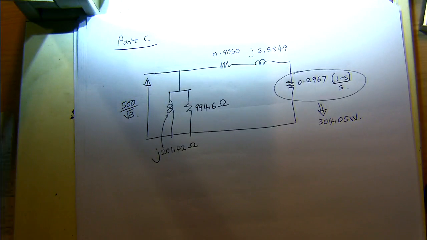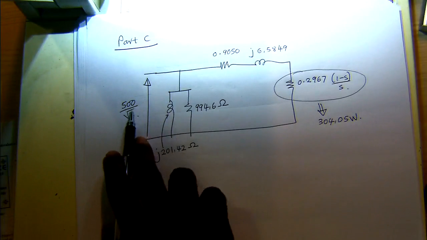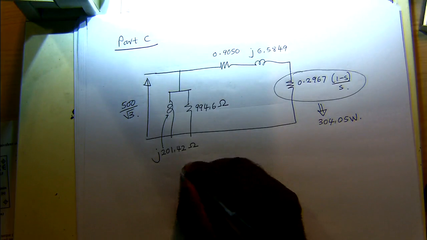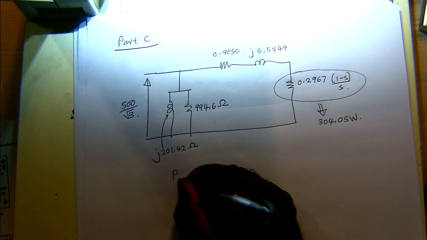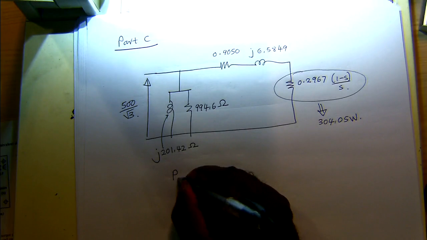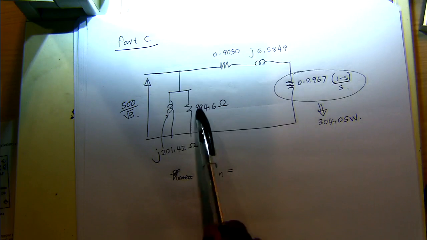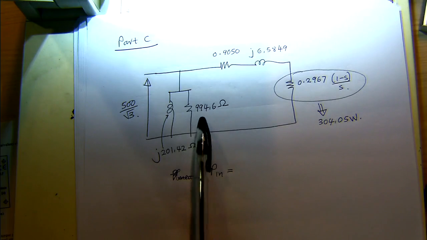But then your core losses will change. Your core loss is basically this voltage squared over this value. So the total power, let's say P measured, or P in, will be this power plus the power losses in this core loss resistance.